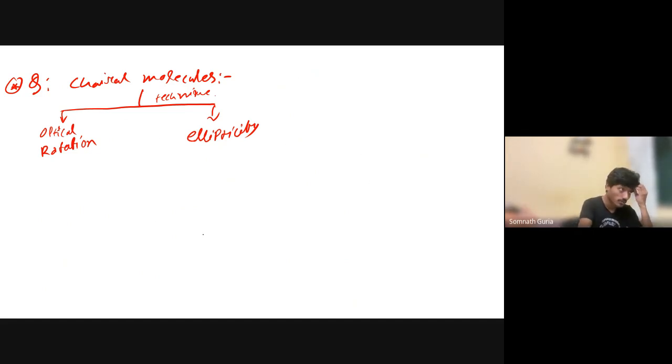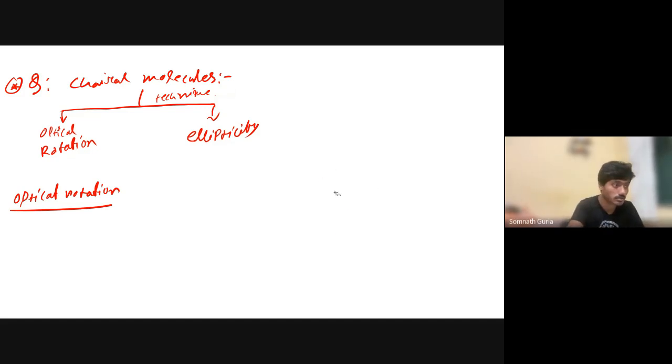Now coming to the optical rotation, we have something like the cotton effect.